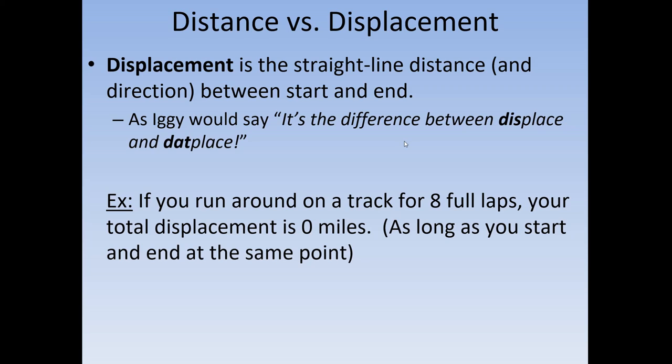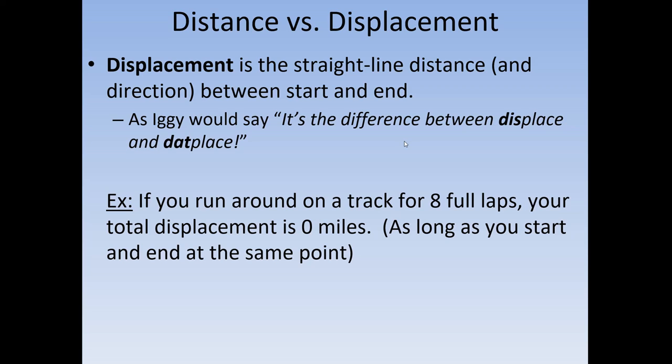Another good example, let's say you want to figure out your displacement during the day. Well, you start your day in your bed and you end your day in your bed. So by the end of the day, you were displaced 0 meters. You have no displacement.